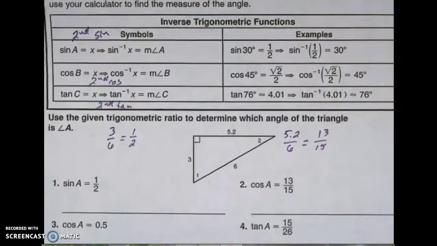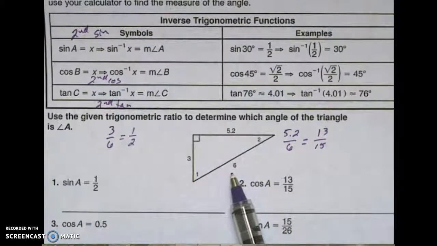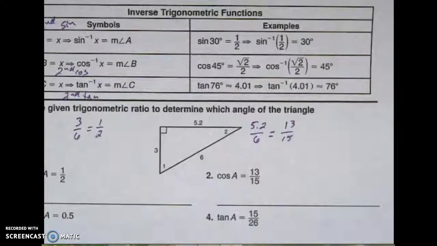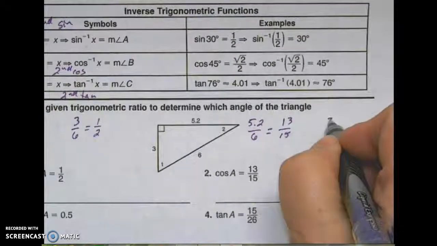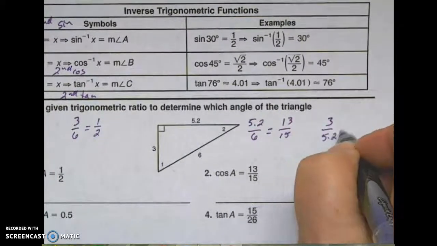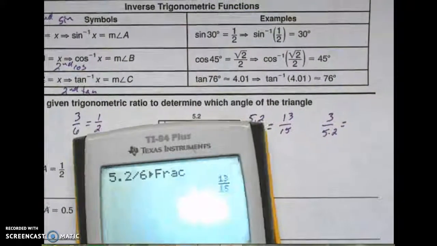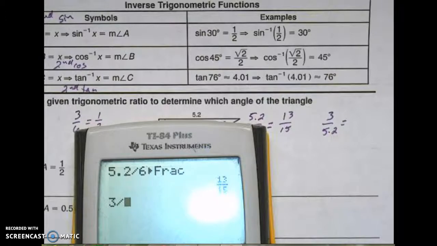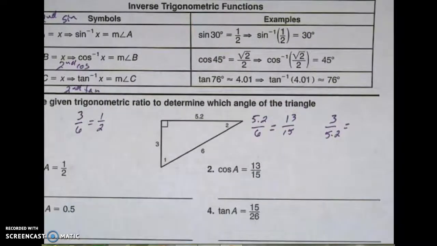So if I'm using my sine or cosine functions, I'll have either the 3 over the hypotenuse 6 or the 5.2 over the hypotenuse 6. If I'm looking for a tangent function, for problem number 4, I might have either 3 over 5.2, and I could figure that fraction out. 3 over 5.2, math, enter, is 15/26.